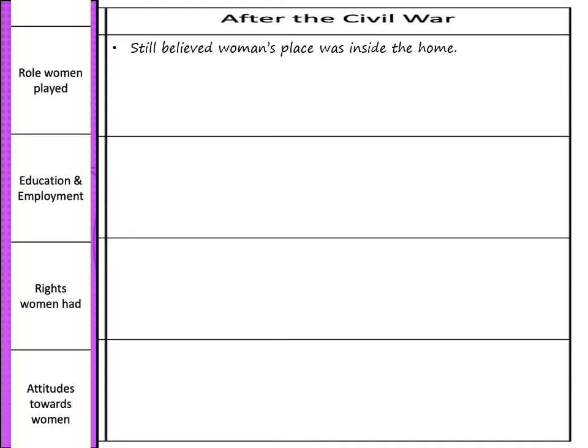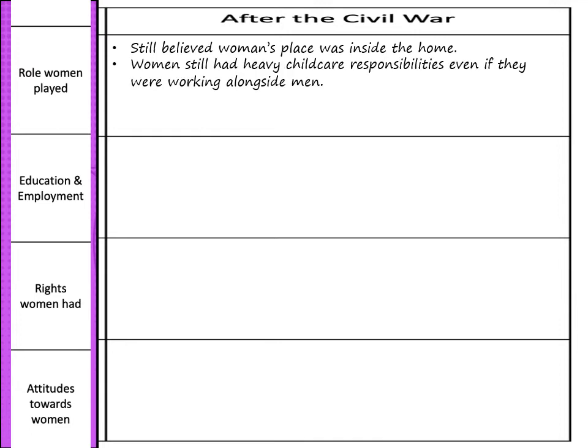Unfortunately, that had not changed as a result of the Civil War, despite everything that women had done. Women still had heavy childcare responsibilities, even when they were working alongside men. So in other words, women were still seen as the ones to look after children. So if they did work, they were expected to work and take responsibility of children. So kind of balance those two things.